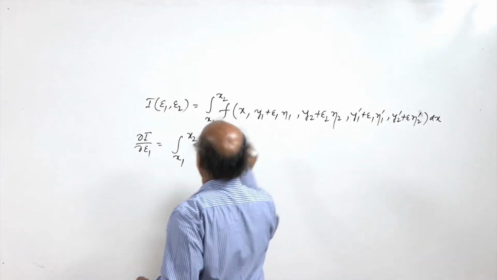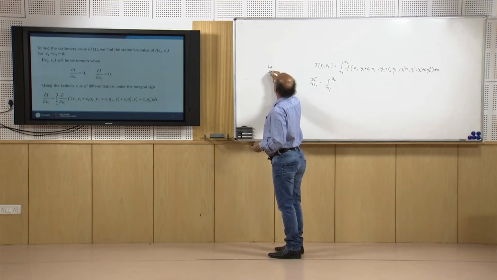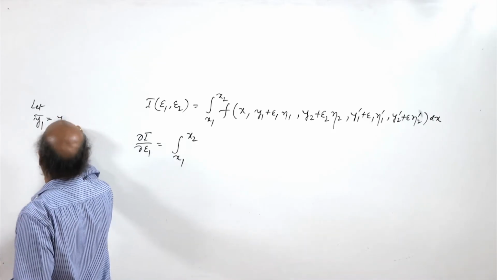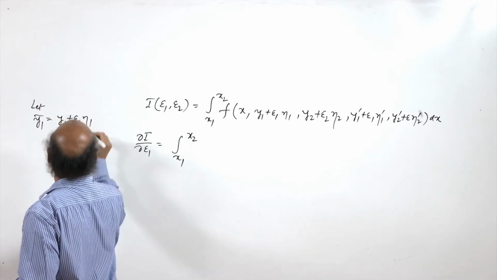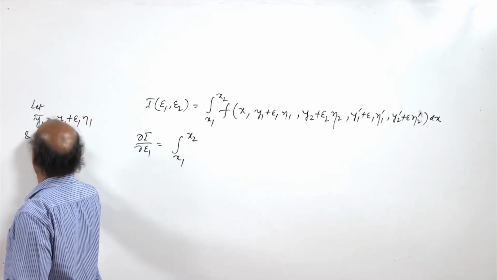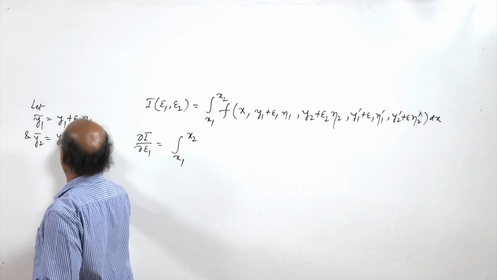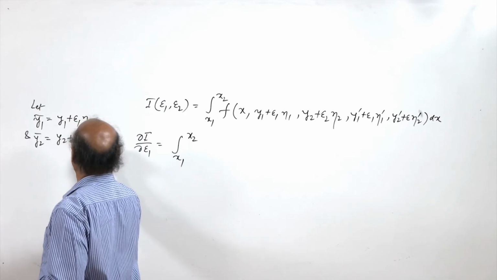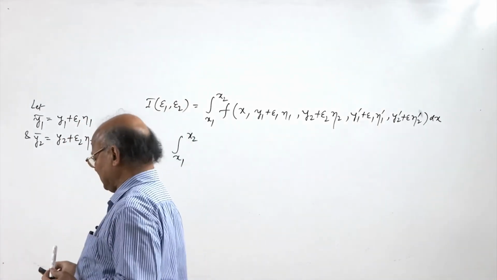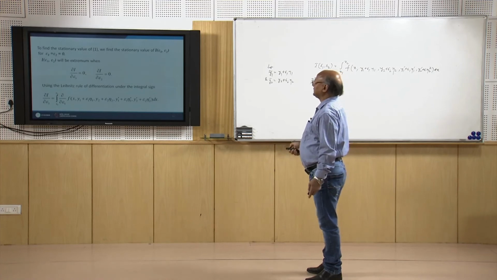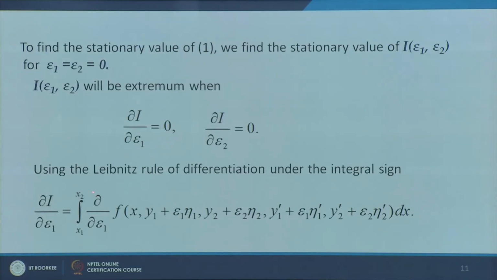x1 to x2. Now let us say that y1 bar be equal to y1 plus epsilon 1 eta 1 and y2 bar be equal to y2 plus epsilon 2 eta 2. Then since the limits of integration do not depend on epsilon 1 and epsilon 2, the partial derivative of I with respect to epsilon 1 will be the integral from x1 to x2 of the partial derivative of this integrand with respect to epsilon 1.